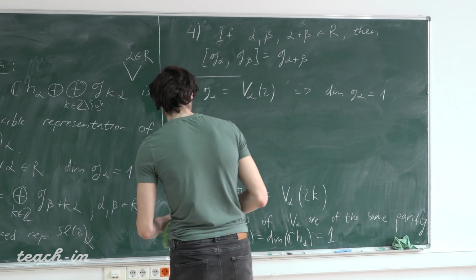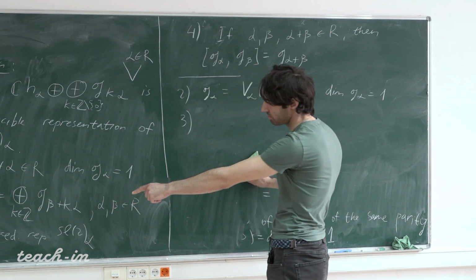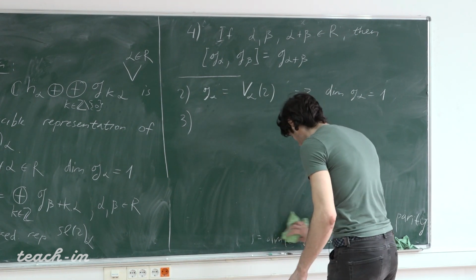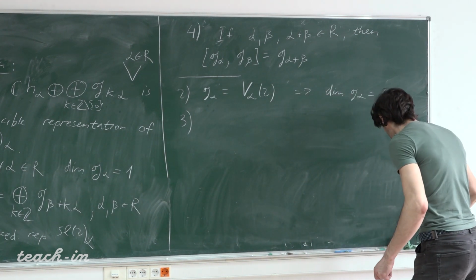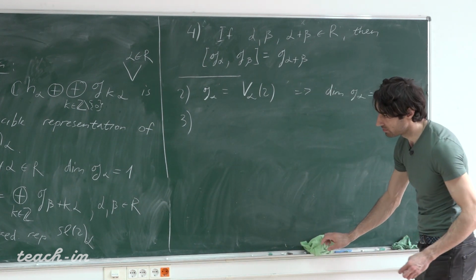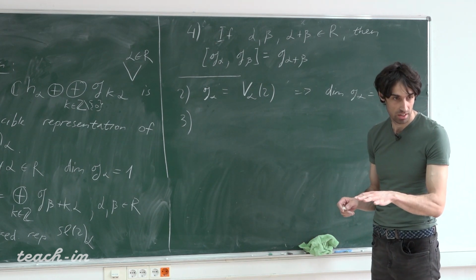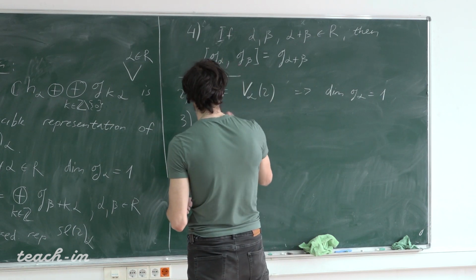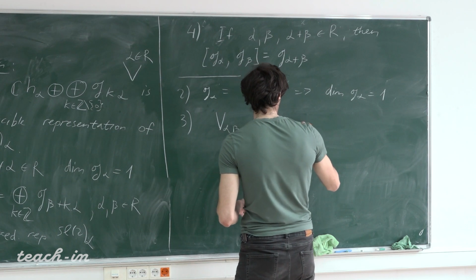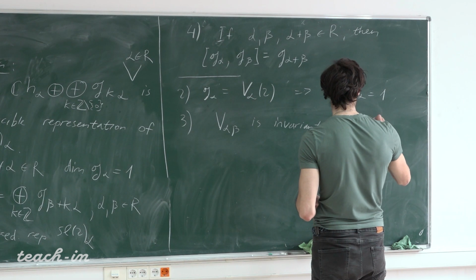The proof of the third one. So now we have some other vector space. I will not again check that it's invariant. It's a similar check to V alpha, so V alpha beta is invariant.